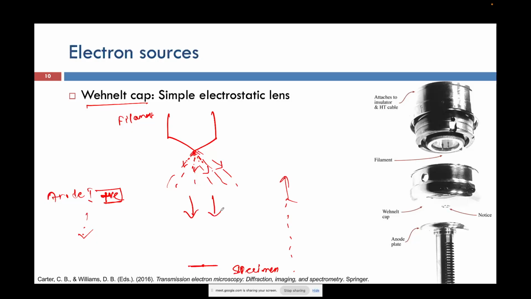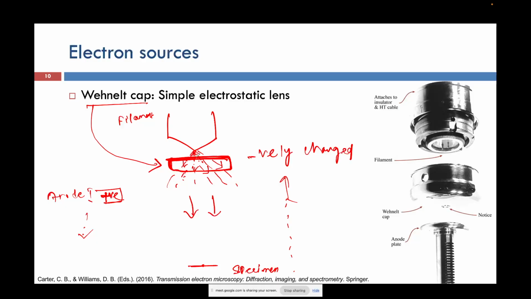So what the microscopists do is put a cap kind of thing. This cap is called the Wehnelt cap, and it is nothing but a negatively charged component. So what does it do?